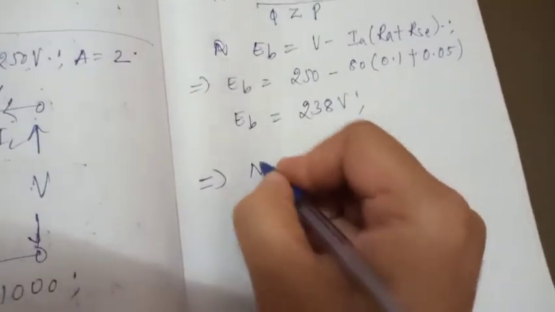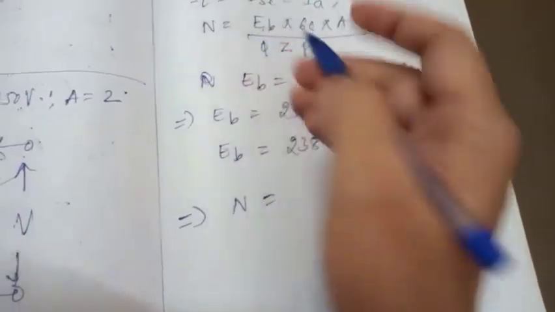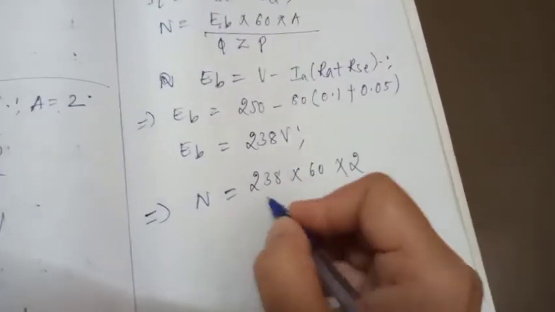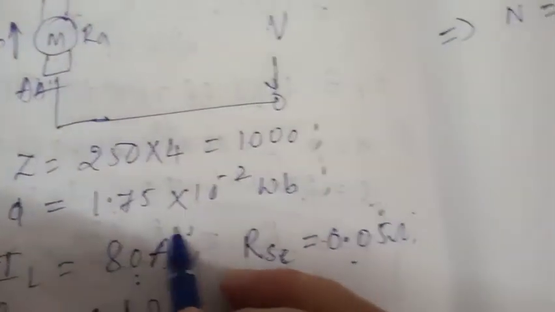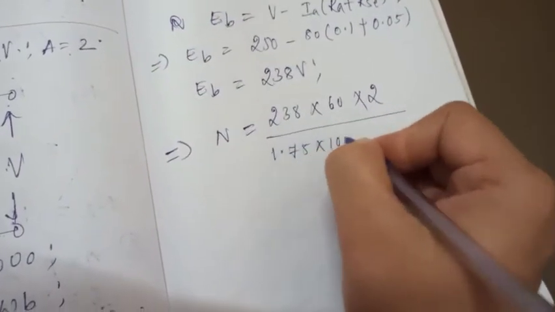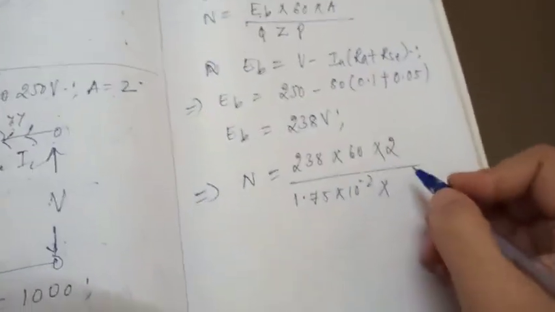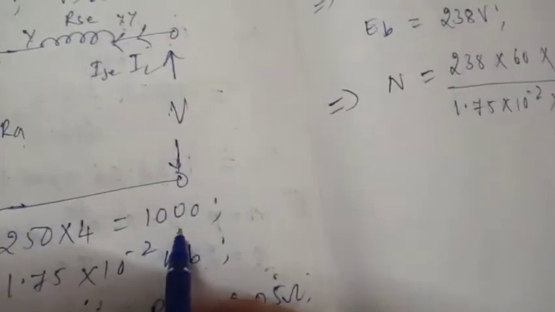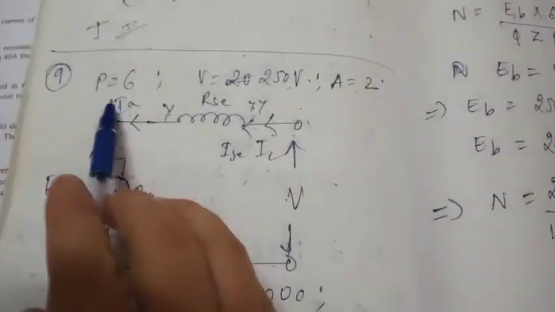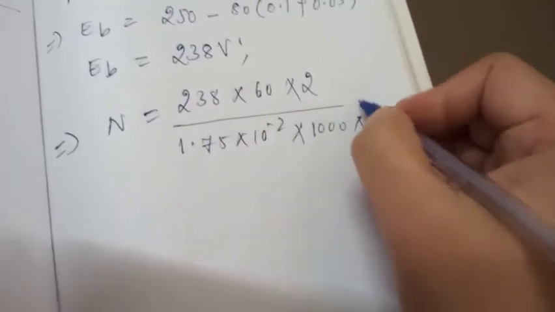So N is equal to EB, which is 238, into 60 into the number of parallel paths A, which is 2 since it is wave connected, divided by phi value. Phi value is 1.75 into 10 to the power of minus 2, into Z, which is 1000, into P. The number of poles is 6.